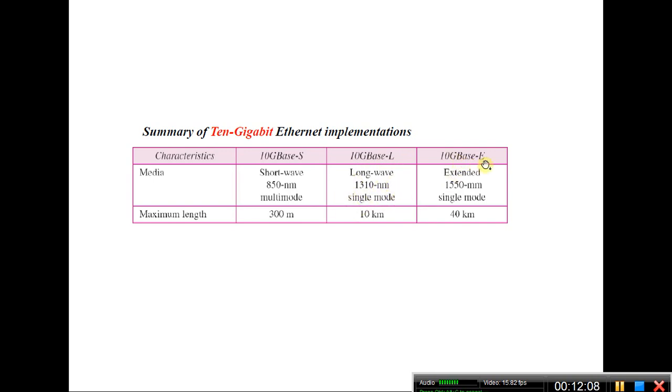And 10GBase-E, extended, uses 1550 nanometer single mode fiber optic cable. The maximum length supported is 300 meters in 10GBase-S, 10 kilometers in 10GBase-L, and 40 kilometers in 10GBase-E, extended Ethernet.